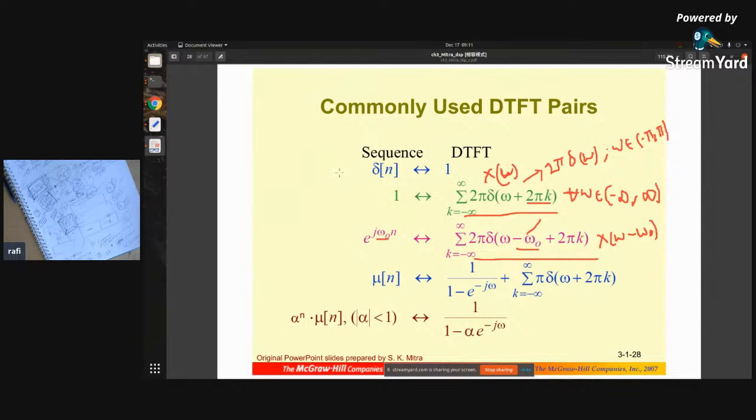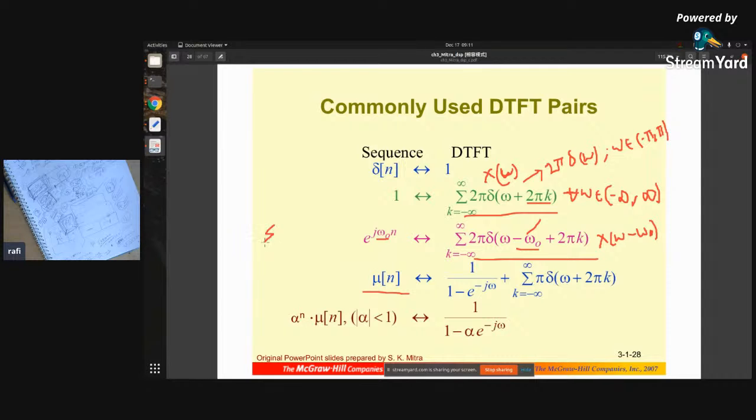And the next one, unit step. This is very important, to find the DTFT of the unit step signal. The unit step signal is neither absolutely summable nor absolutely square summable.